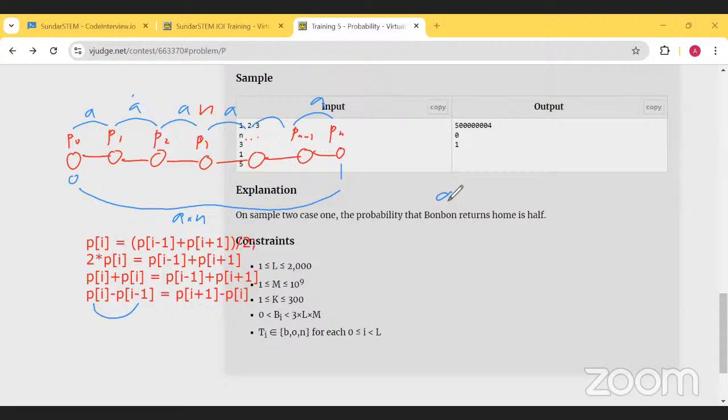So what is a? A times n equal to 1 minus 0, plus 1. That's right, a equals 1 divided by n. So the sequence will be 0 divided by n, 1 divided by n, 2 divided by n, 3 divided by n, and so on until n divided by n. Until this point, you got it.